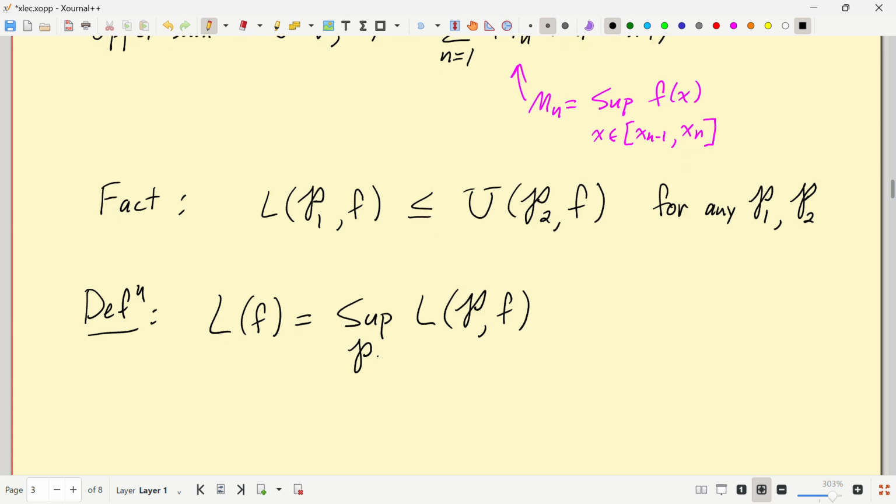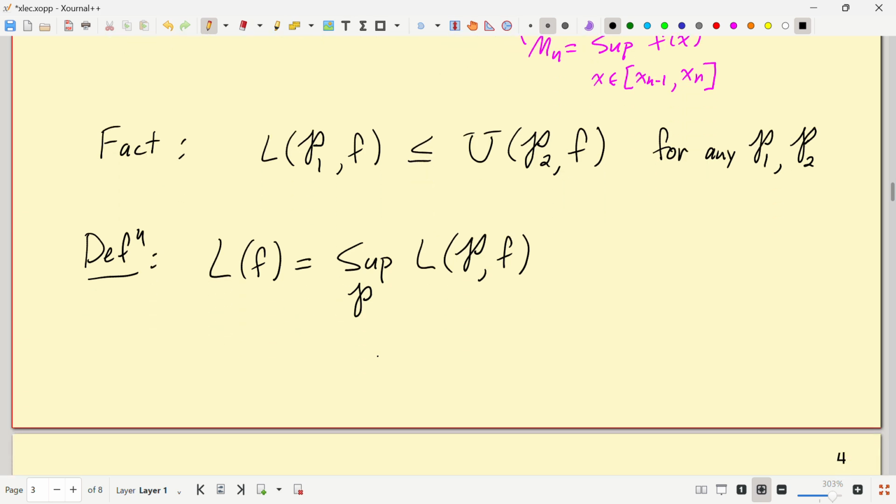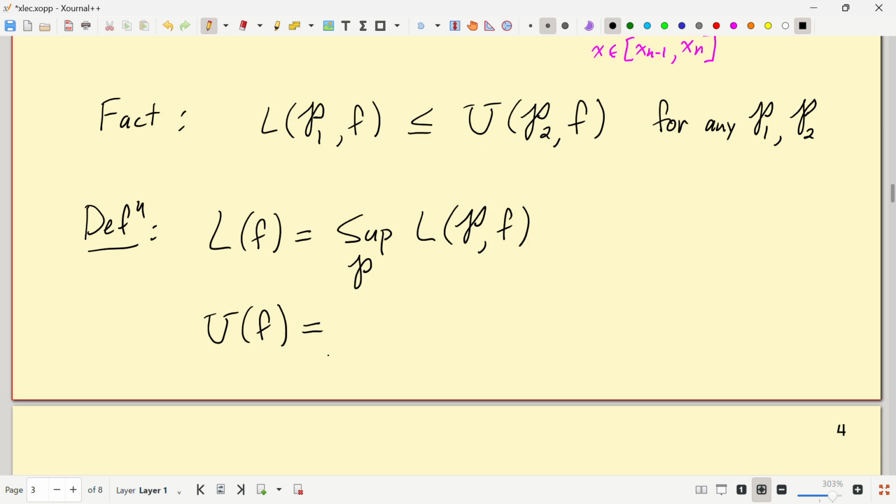So that sup exists and is finite. And then the upper one, I guess you'd call that the upper area if you wanted to. You have a lower area and an upper area. That would be the inf of those upper sums over all possible partitions.